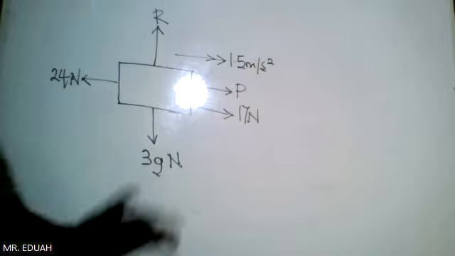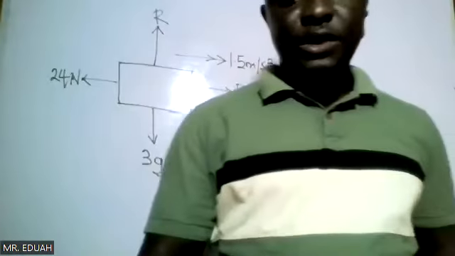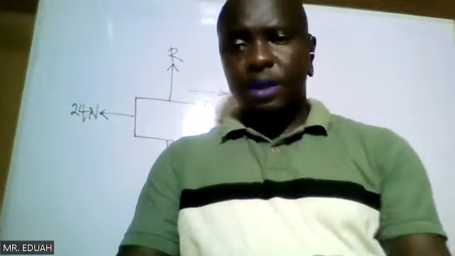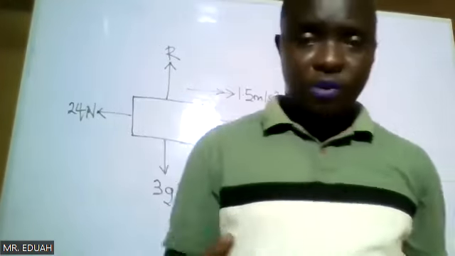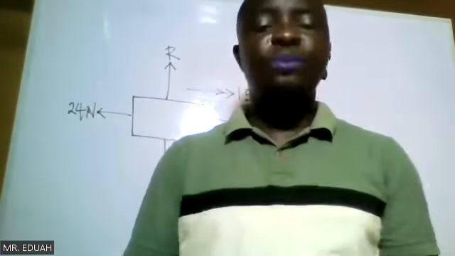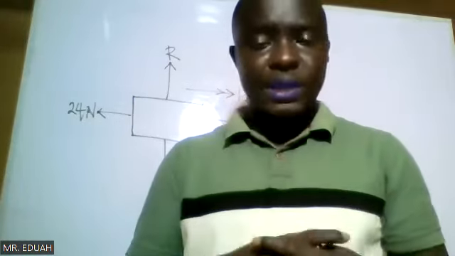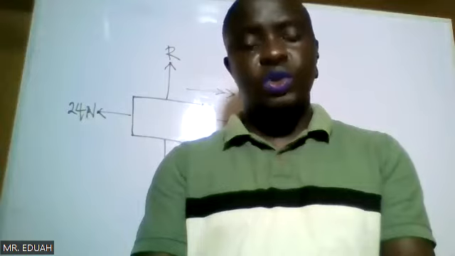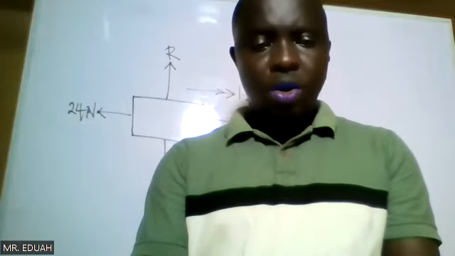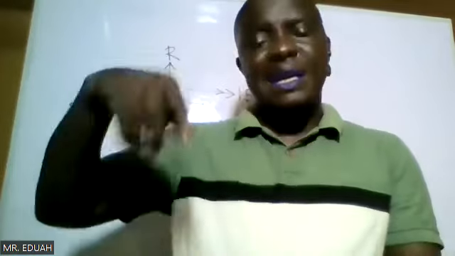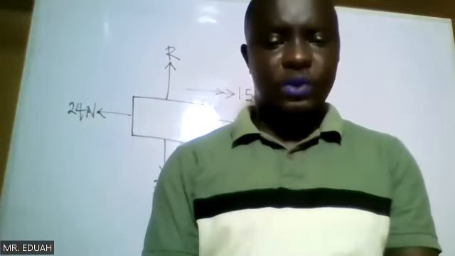horizontal force P. You see, in Newton's first law of motion, when the body is at rest, it will continue to be at rest, and when it is in motion, it will continue to be in motion unless acted upon by an external force or a net force.